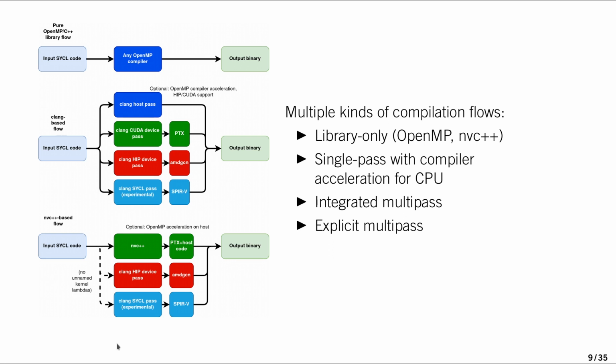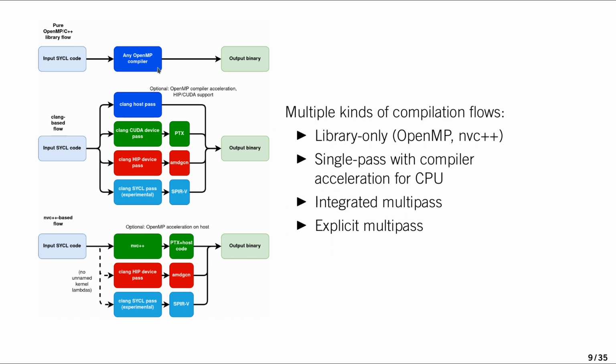hipSYCL supports multiple kinds of compilation flows. hipSYCL supports library-only compilation flows, for example, using our OpenMP backend, where you can use any OpenMP compiler to compile SYCL code to some output binary for CPU, or also using our new NVC++ support, where hipSYCL can operate as a library for NVC++ CUDA support, and then run on NVIDIA GPUs and CPU.